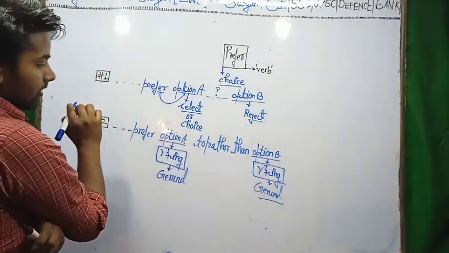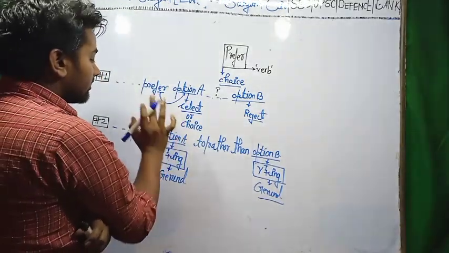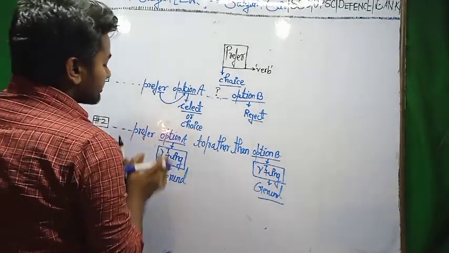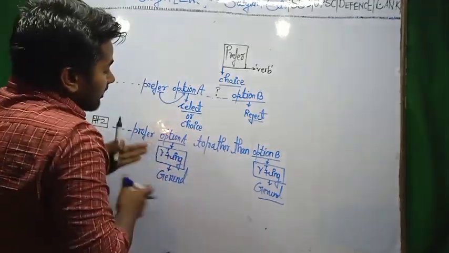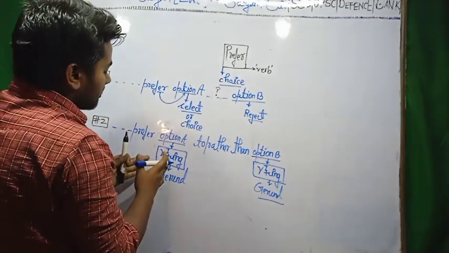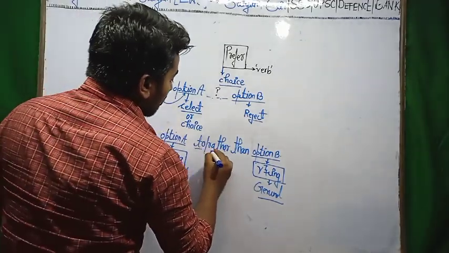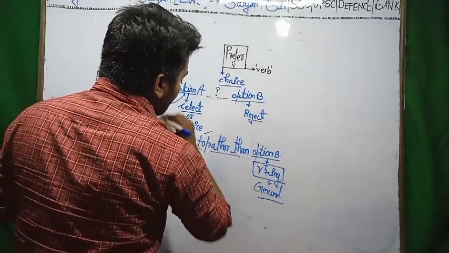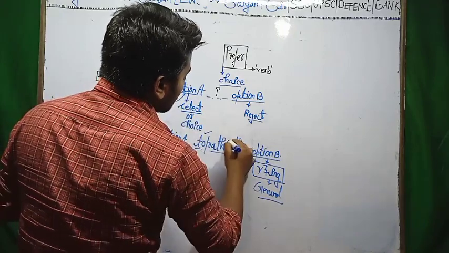I hope you have understood this. So when your options are in ing form, continuous form, basically gerunds, we use to or rather than.